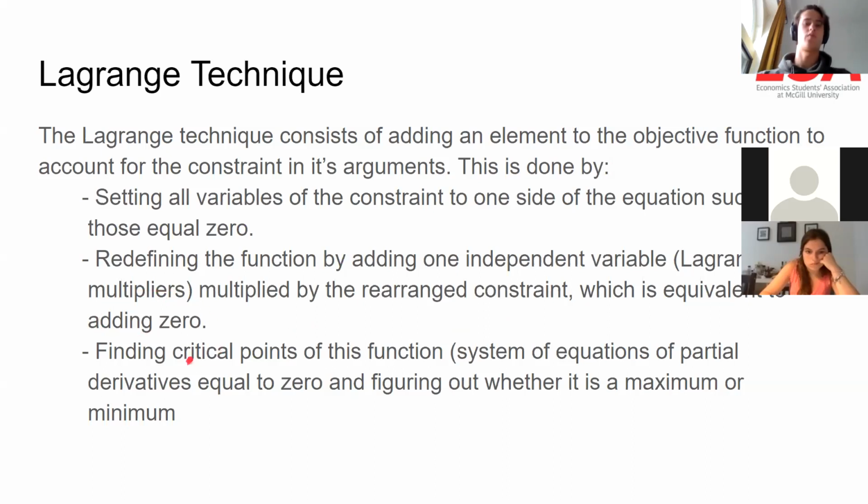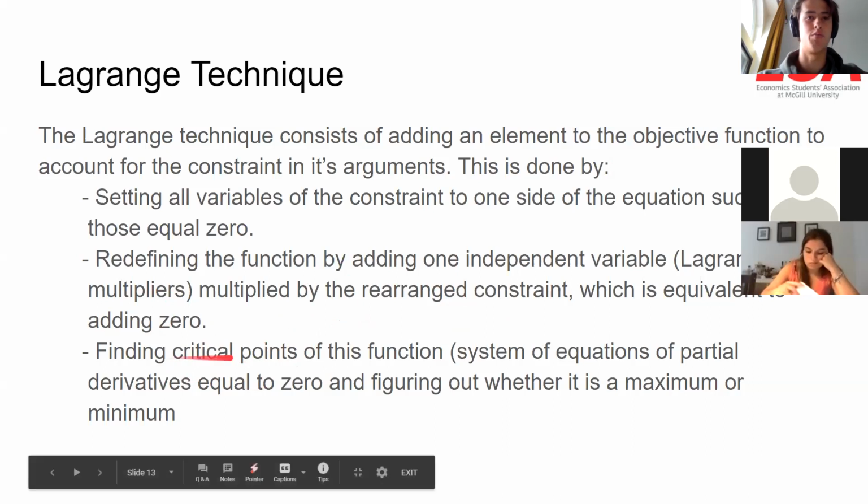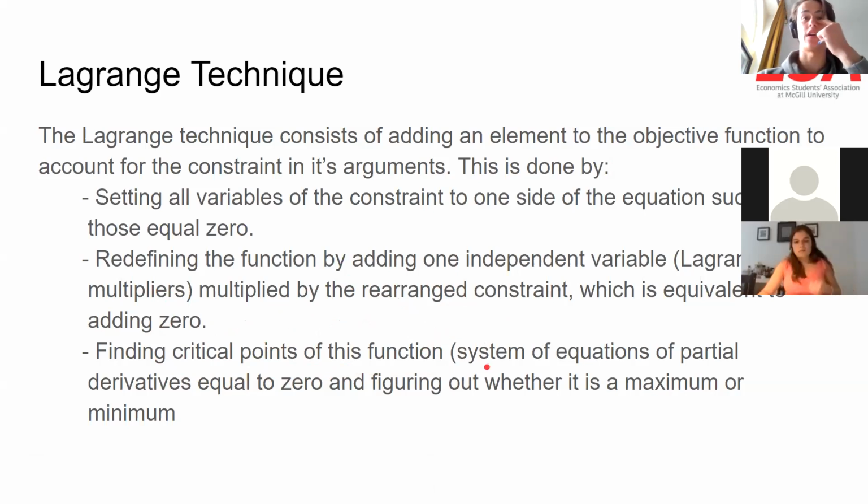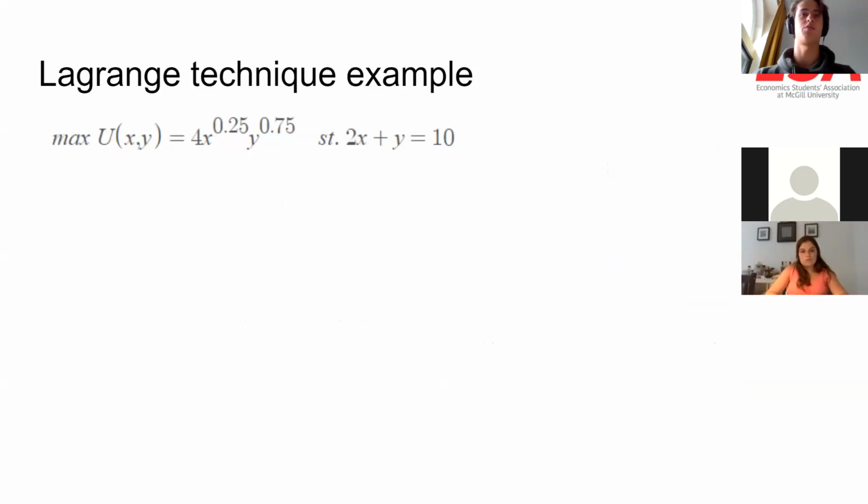So what this will help us do is to directly integrate the constraint within our optimization problem, which should result in the critical points of our function coming up with respect to that constraint. All right, now looking at an example, I think it should make it a bit clearer.